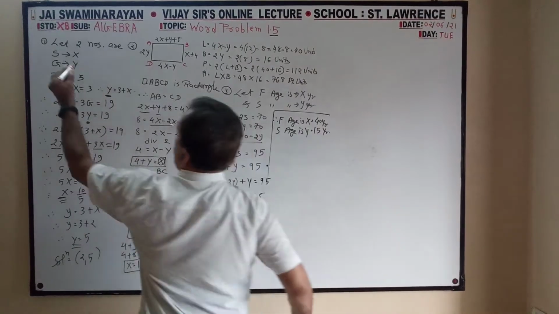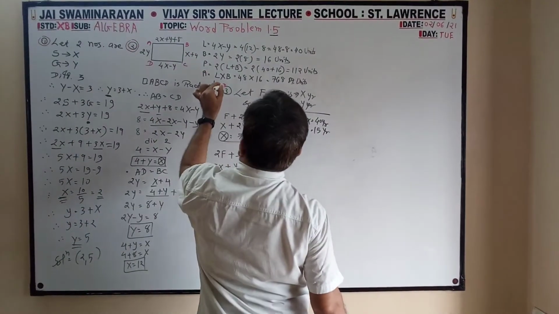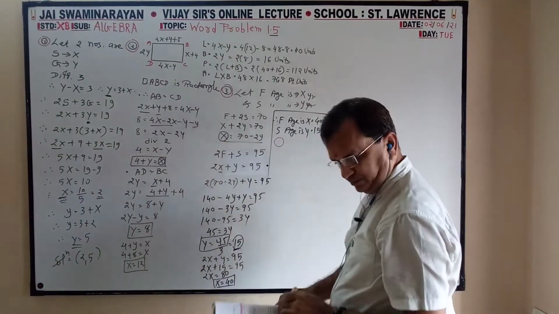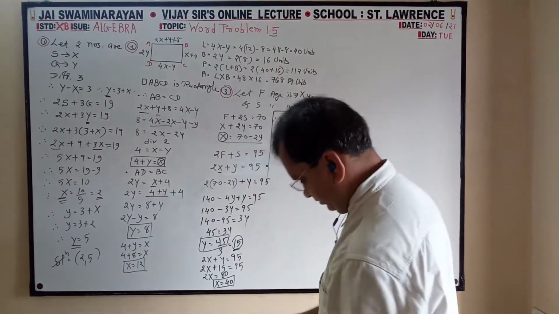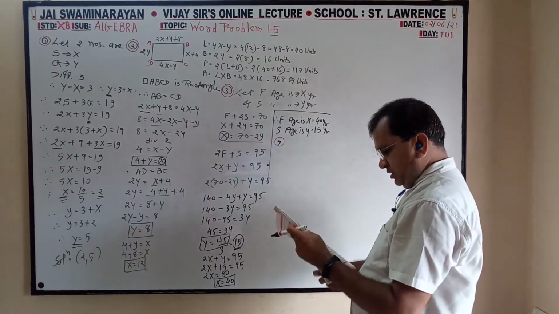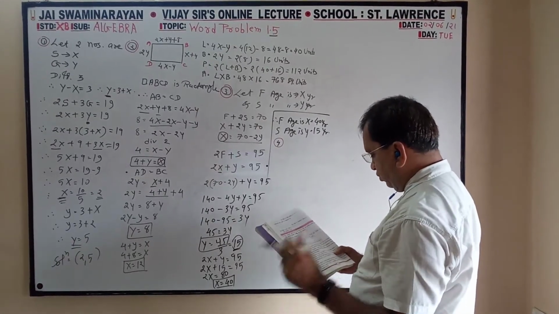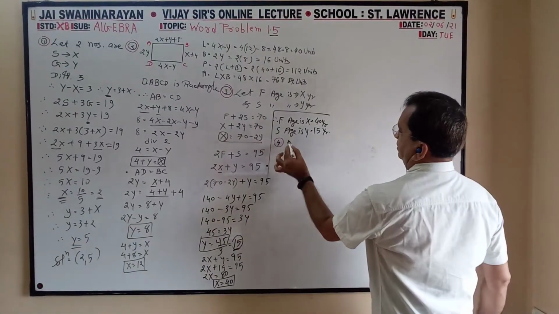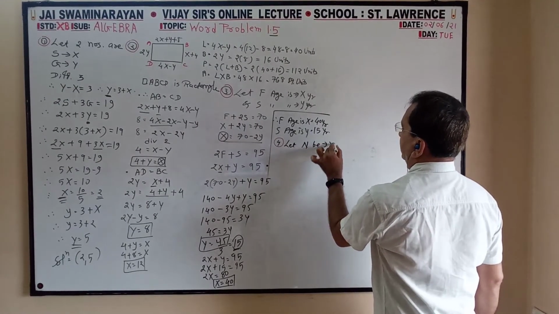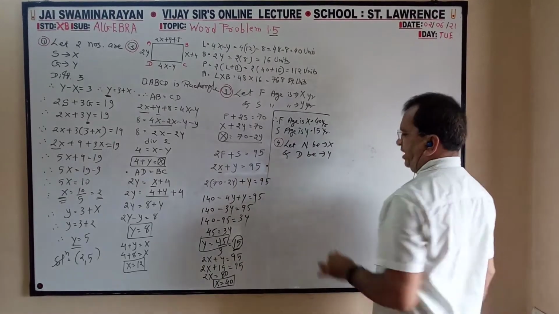So this is question number 1, 2, 3, now 4. The denominator of the fraction is 4 more than twice the numerator. Let numerator be x and denominator be y.